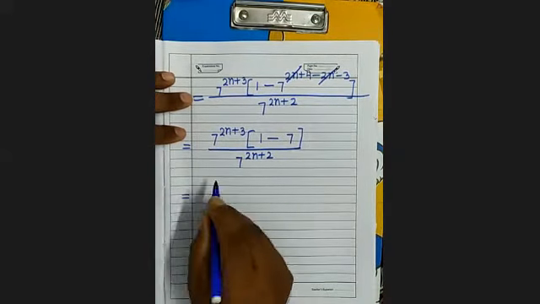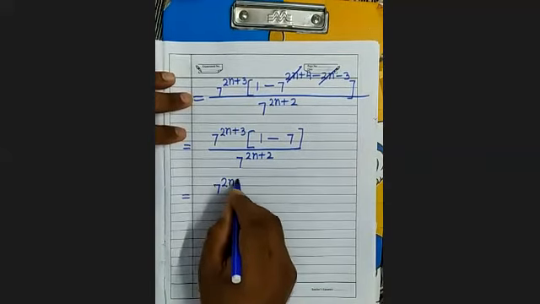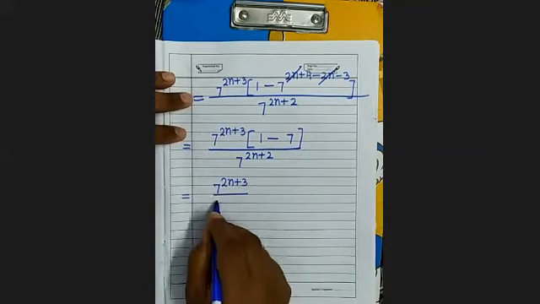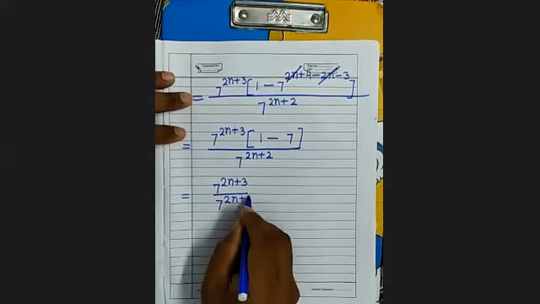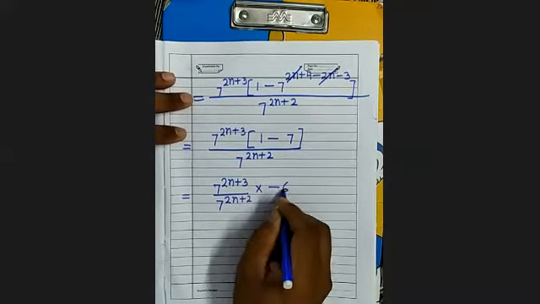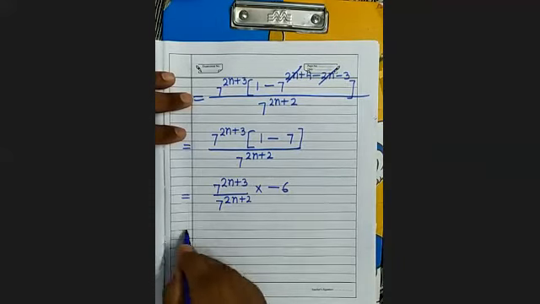So see here, we can write 7 to the power 2n plus 3 upon 7 to the power 2n plus 2 into minus 6. Here also the quotient rule will apply.